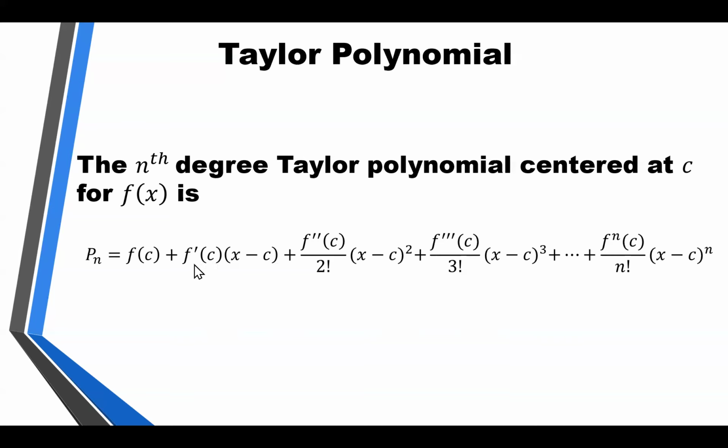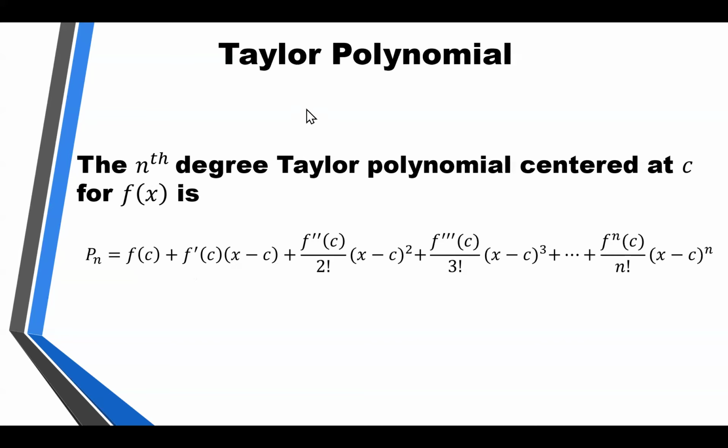Here, I didn't write divided by 1 factorial because 1 factorial is just 1. Here, I did not write divided by 0 factorial because 0 factorial is also 1. So 0 factorial is 1. I didn't need to write it down. 1 factorial is 1, so I didn't need to write that down either. But some people would write divided by 1 factorial, divided by 0 factorial.